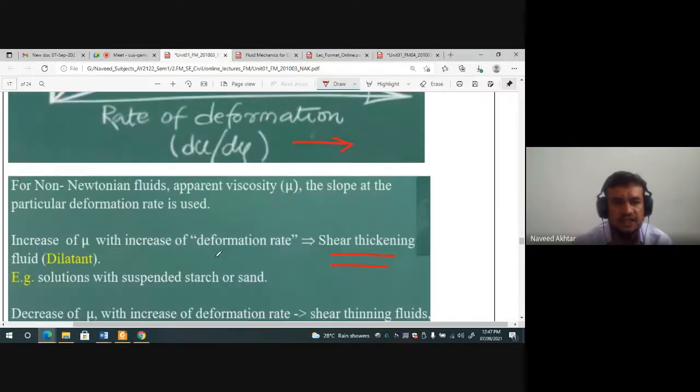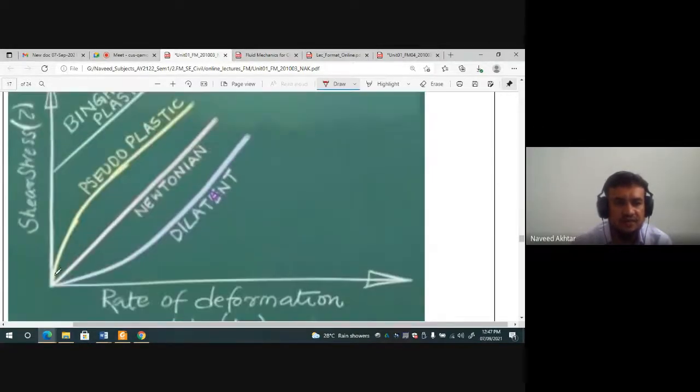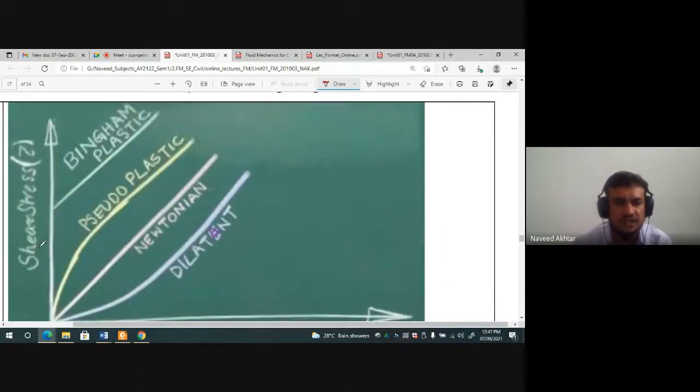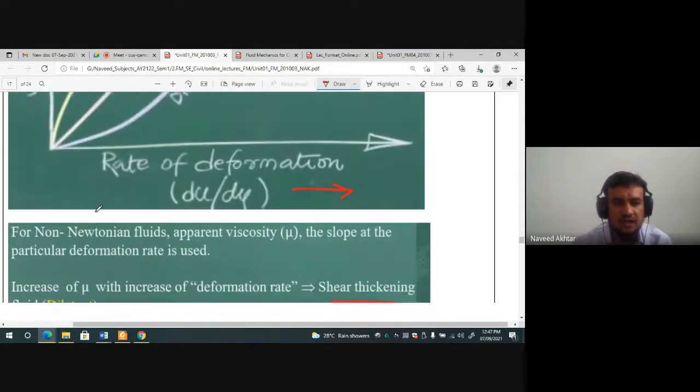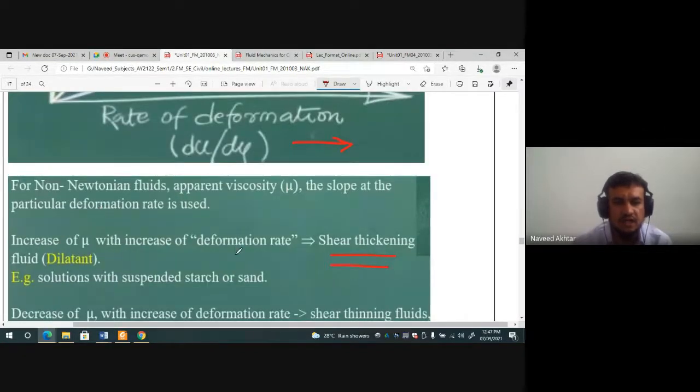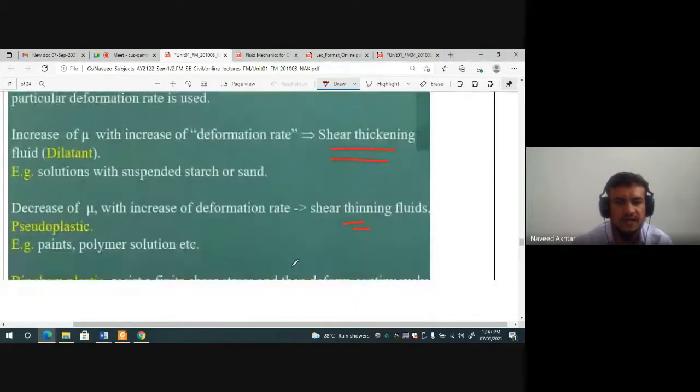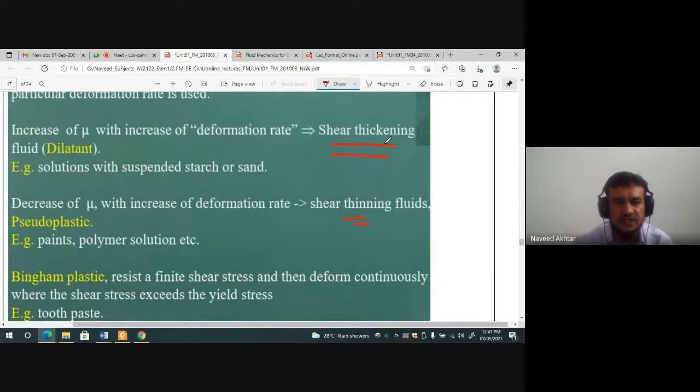But in shear thinning, as the rate of deformation changes, we need less force for the shear deformation.